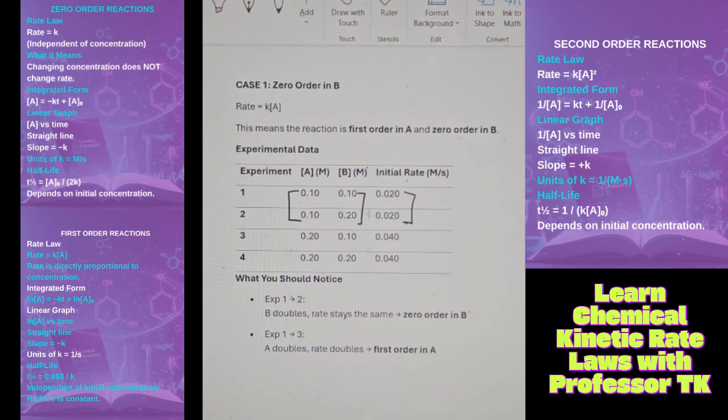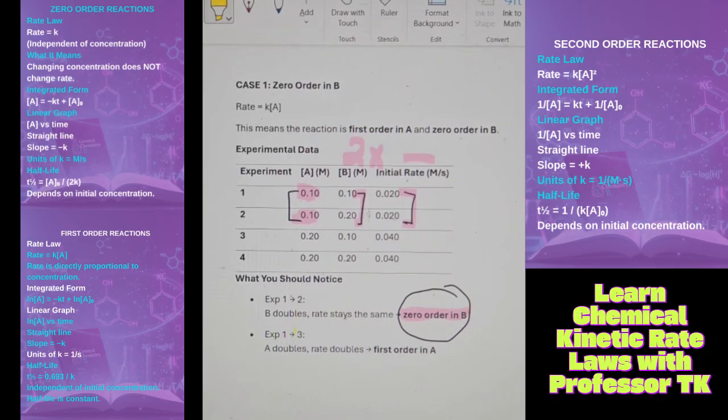Your B doubled, your rate remained the same, therefore, with respect to B, B is 0 order. Remember, keep A constant, look at the data for B, and look at the rate. It doubled, it remained the same, so that's 0 order as it relates to B.